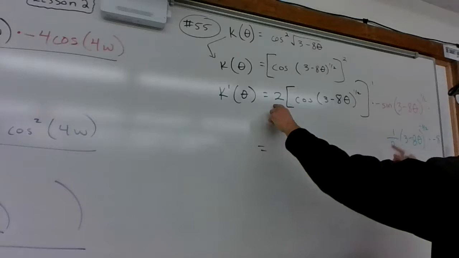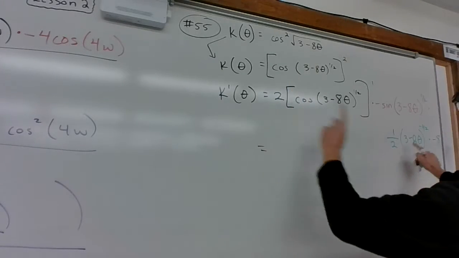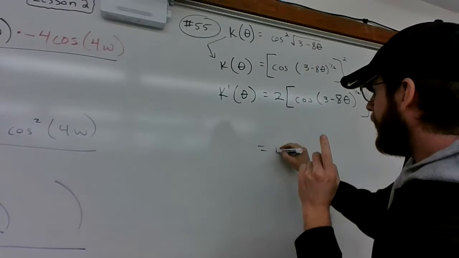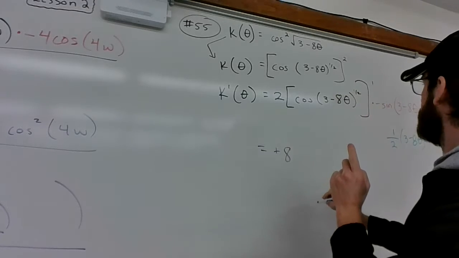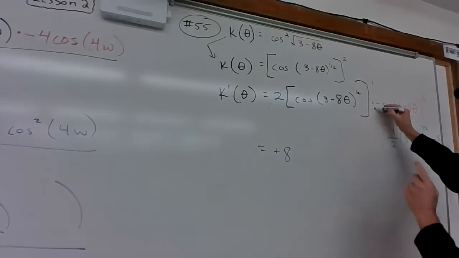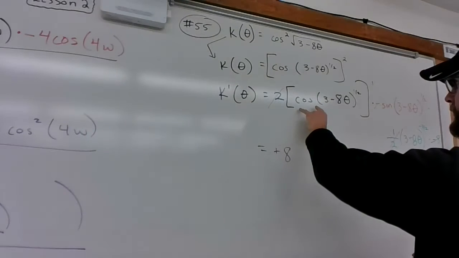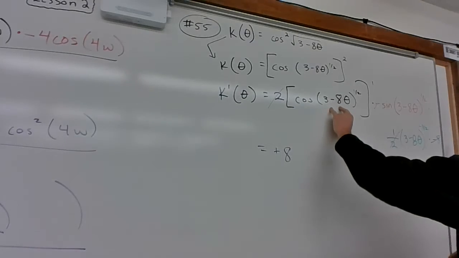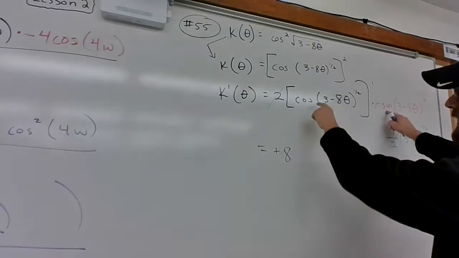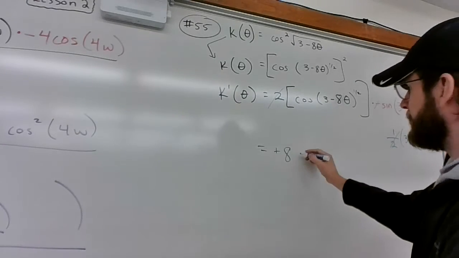You've got 2 times a half, which is just 1 times 8. So it's going to be a positive 8. And that takes care of this part, this part, this part, and this part. Then you've got your trig. It's going to be cosine. Well, I don't know. It doesn't matter which one you put first. I'll just keep it as cosine first.